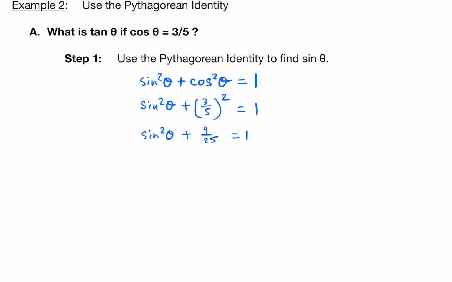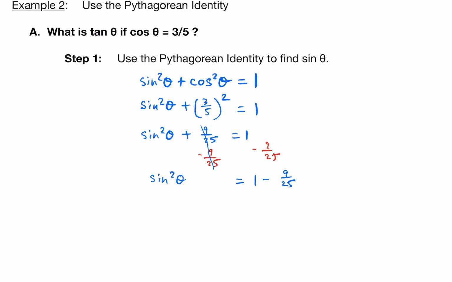Now what we want to do is move the 9/25 over to this side of the equation, and we can do that by subtracting 9/25 from both sides. When we do, we are left with sine squared theta, and these cancel out, so now we have 1 minus 9/25.